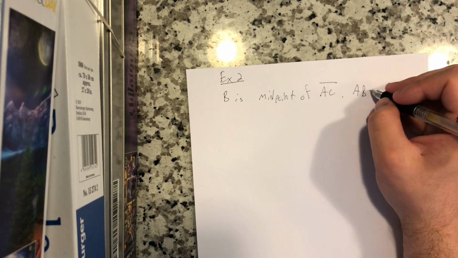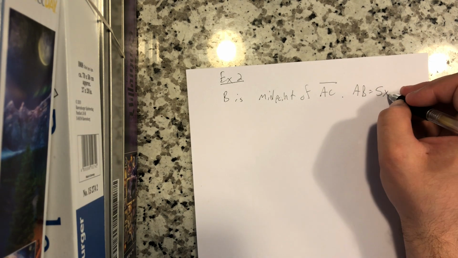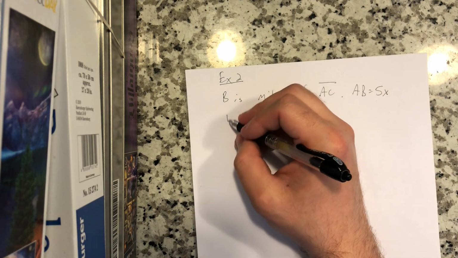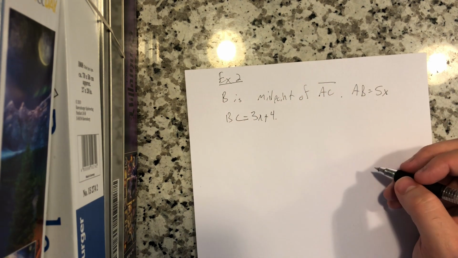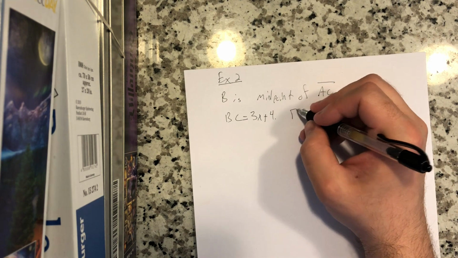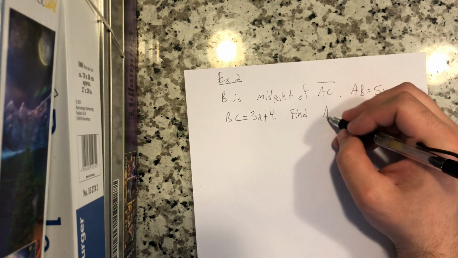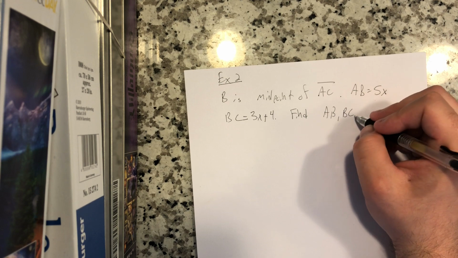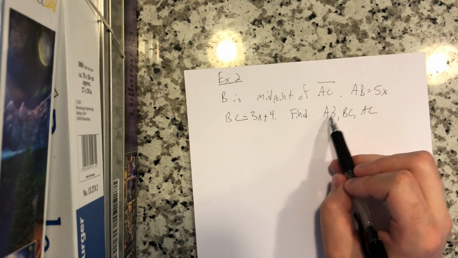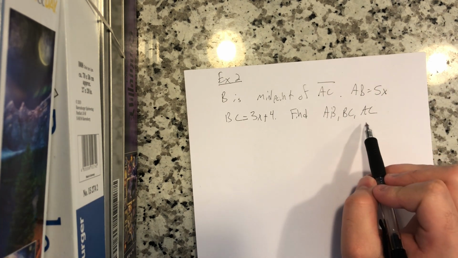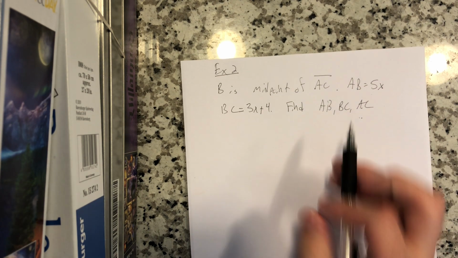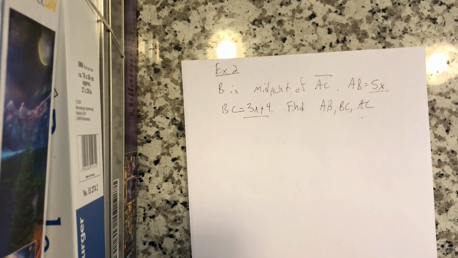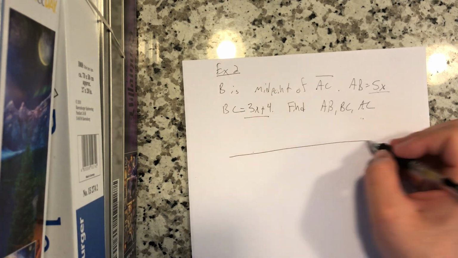Let's say AB is equal to 5x and BC equals 3x plus 4. Let's find the length of AB, BC, and AC. So when it says find the length of all these things, it actually wants you to find the number or the actual length. These here are now in terms of variables. So what we'll do is we'll go ahead and draw a picture again.